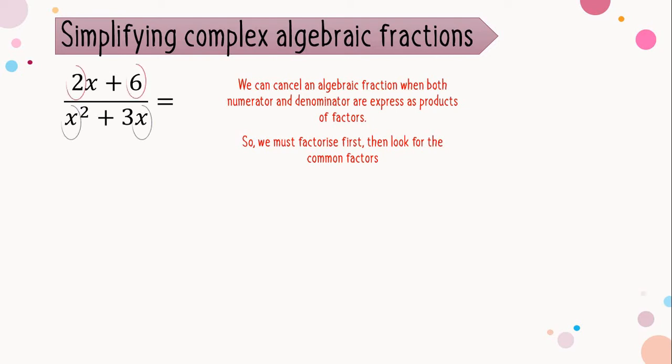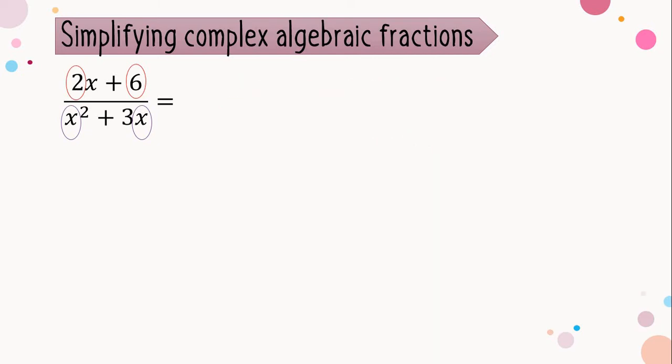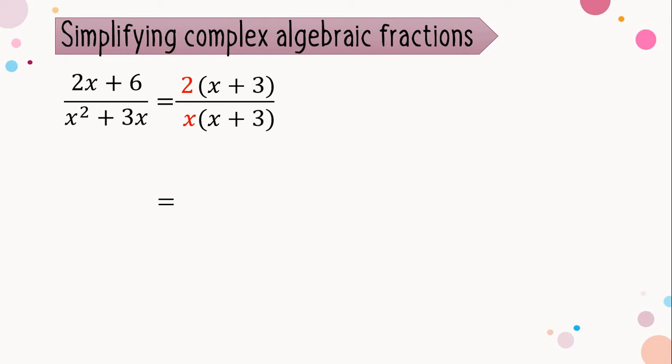Look at this one. For the numerator, 2x and 6, we can find the common factor. The common factor of 2x plus 6 is 2, so we write inside the bracket x plus 3. And then for x squared and 3x, the common factor is x, and inside the bracket x plus 3. We can also write it as 2 times x plus 3 over x times x plus 3.